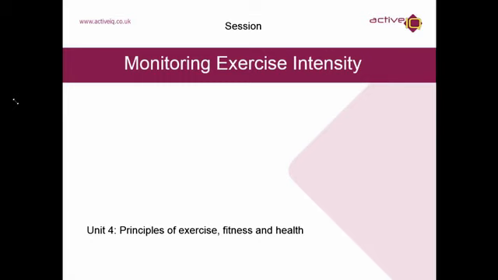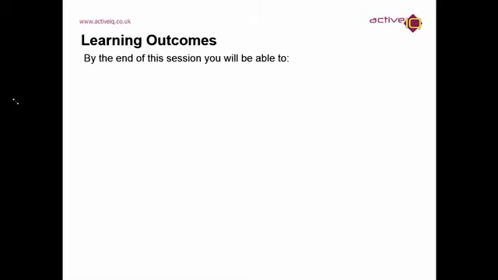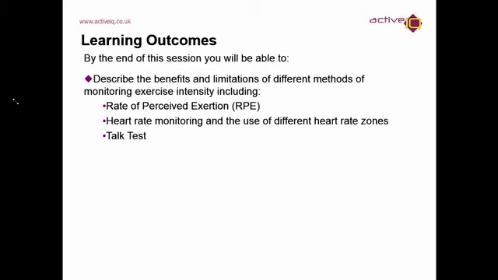So we need to make sure they're getting results, and the way to do this is by monitoring the intensity that they work at. Therefore, the aim of today's session is to gain an understanding of how to safely monitor exercise intensity. In particular, we'll look at 3 different ways of monitoring exercise intensity.